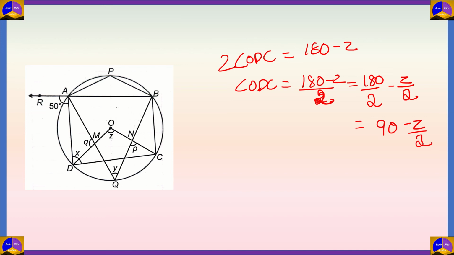So we get the value of ODC and OCD as 90 minus Z by 2.